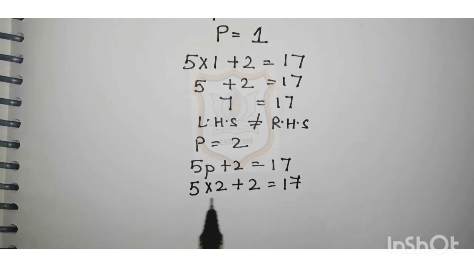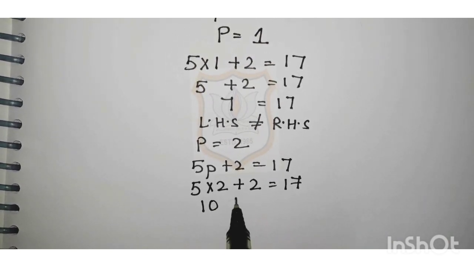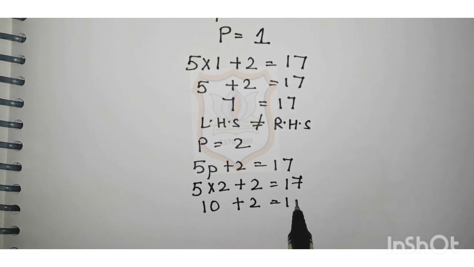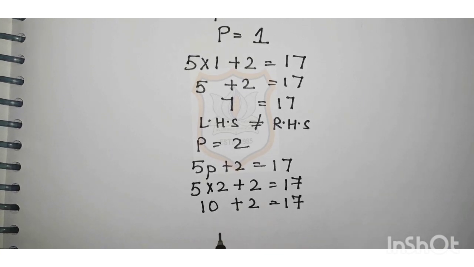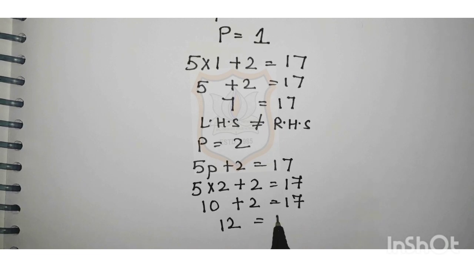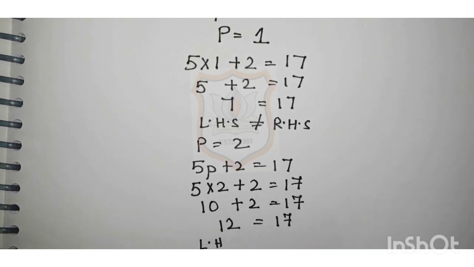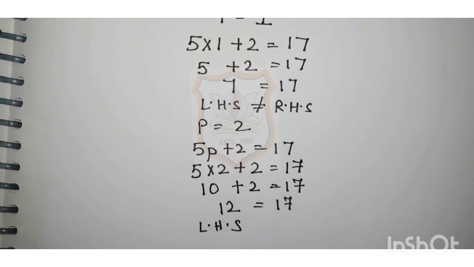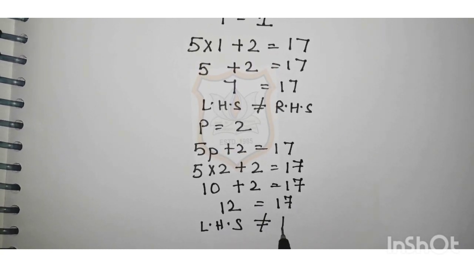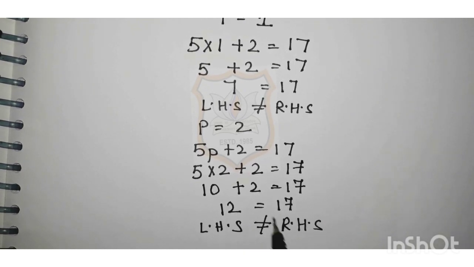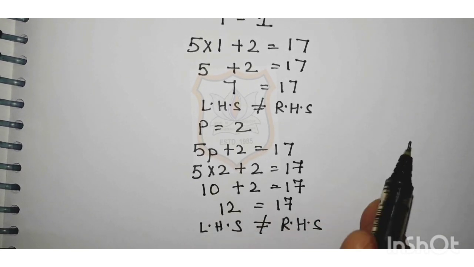Now 5 into 2 is equal to 10, plus 2 is equal to 12, which is not equal to 17. Here also LHS is not equal to RHS. So I can say that value of p is equal to 2 is wrong.